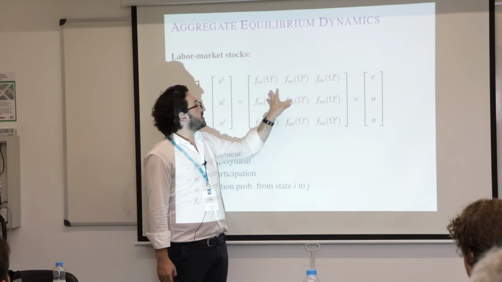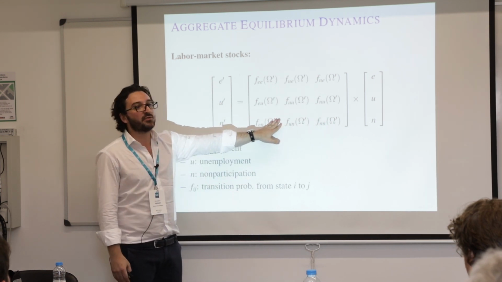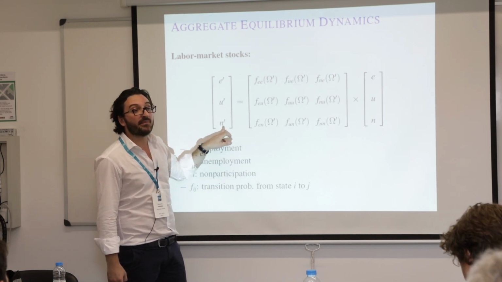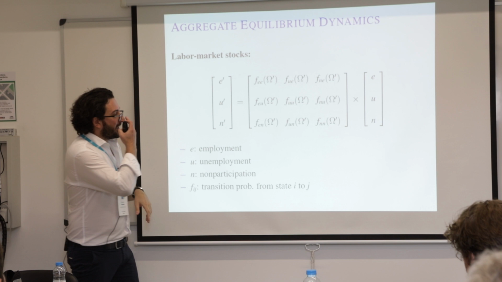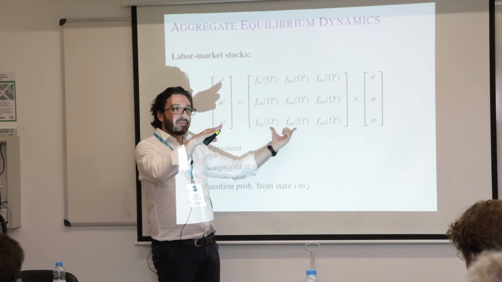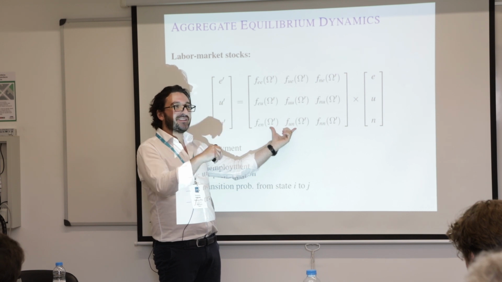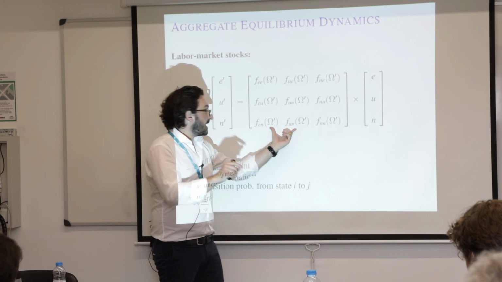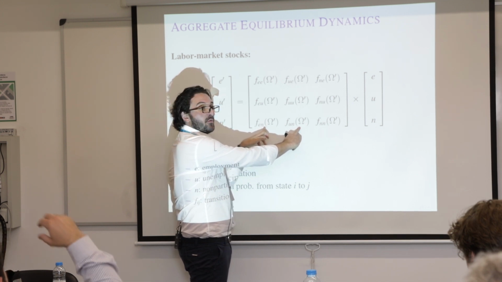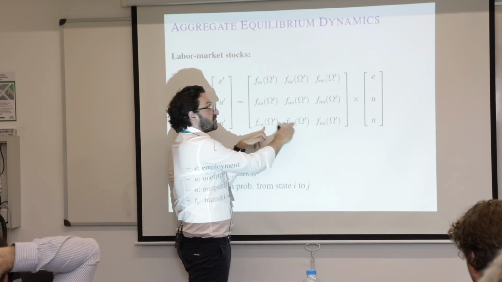And then, of course, using those transition probabilities, you have the recursion to simulate the stocks of employment, unemployment, and non-participation. Victor, the only reason why I need the stochastic property for lambda is to get the right co-movement with output of these two transition probabilities.